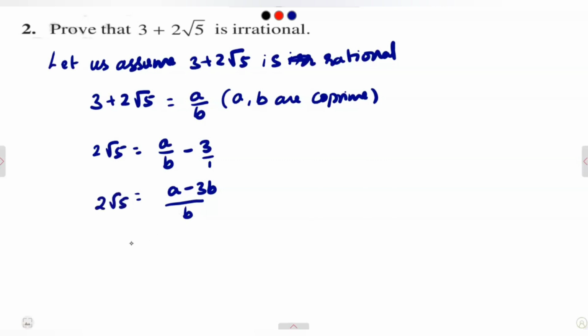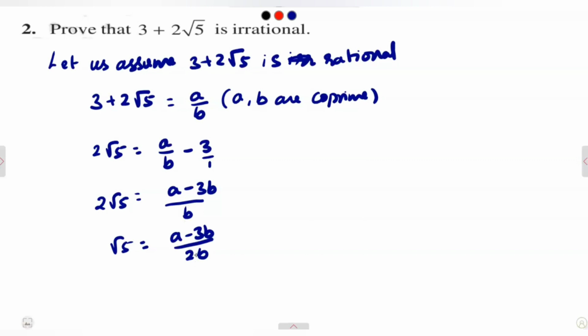Right? Now, sending 2 to the other side, root 5 is equal to a minus 3b by 2b. 2 comes into the denominator, 2b. Now, as we thought in the beginning, a and b are integers.